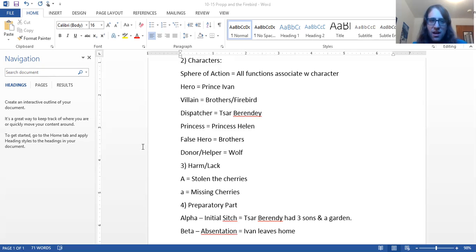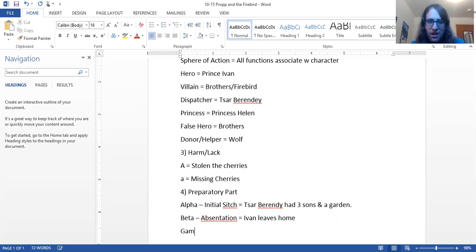Let's see, what else we got? I believe we have an interdiction. Yes. So gamma is for interdiction, which, you might recall, is a commandment that people aren't supposed to violate. Now, this is another tricky one. I saw a lot of people saying the Firebird violates the commandment, don't eat the cherries. And I could kind of see that, but I think there's actually an even stronger one here, which is directed at the main characters, the protagonist and his immediate relations.